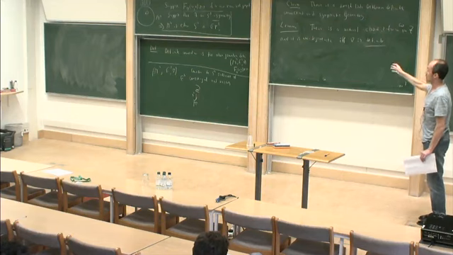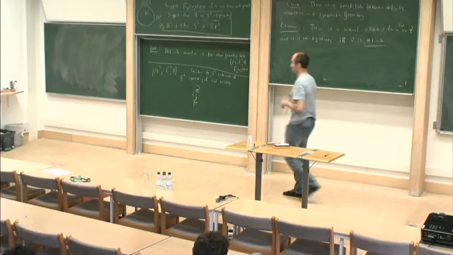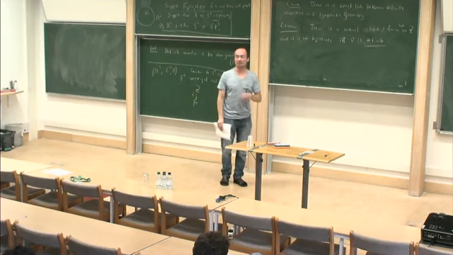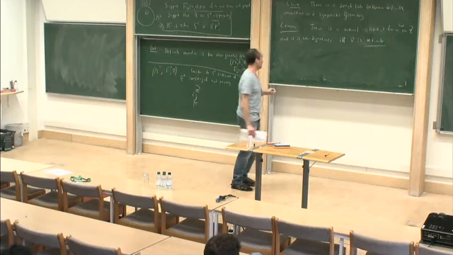I will not prove this lemma, but I want to draw a picture which explains why we have this symplectic form. So the picture is like this.